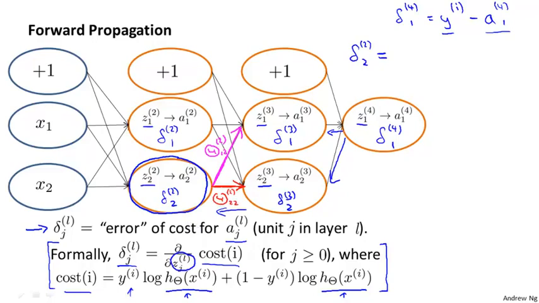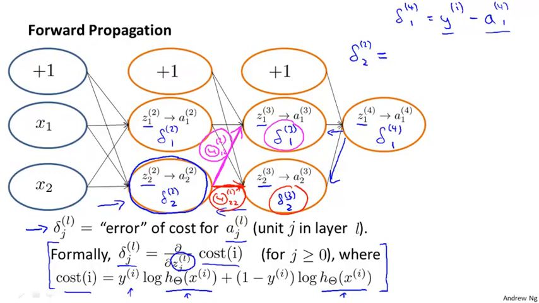If we look at how delta 2,2 is computed for this node, what we're going to do is take this value and multiply it by this weight and add it to this value multiplied by that weight. So it's really a weighted sum of these delta values, weighted by the corresponding edge strength.